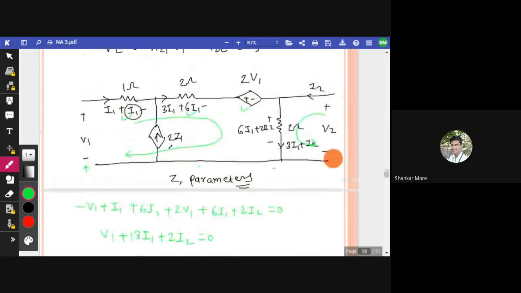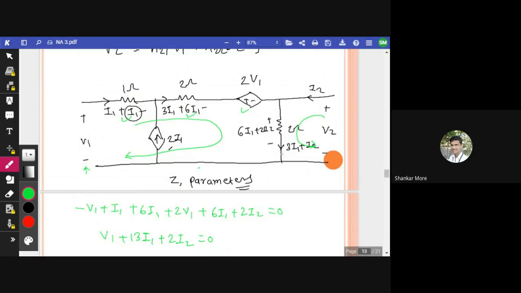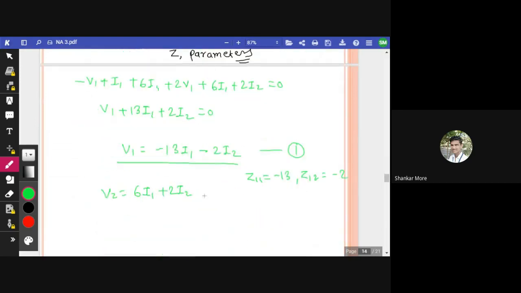No need to calculate much. See, these two terminals are short circuited. So it will be 6 I1 plus 2 I2, which is our second equation for Z parameters. So Z21 will be equal to 6, Z22 will be equal to 2.